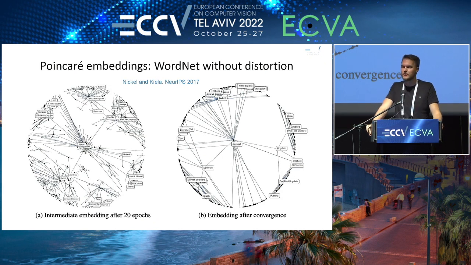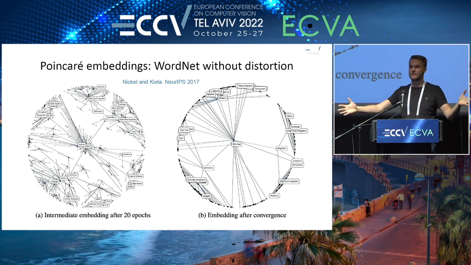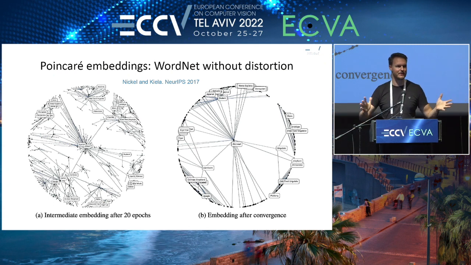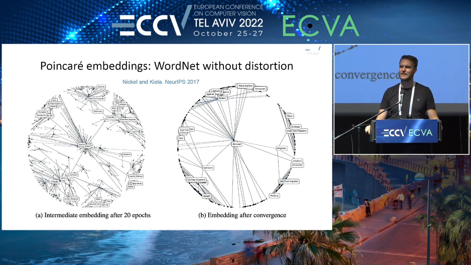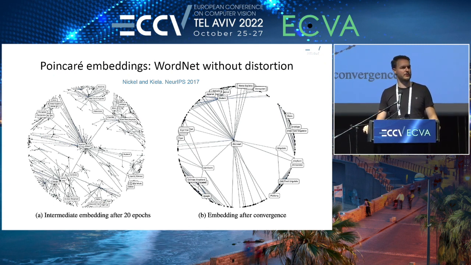The paper is called Poincaré embeddings, and they said, well, we have WordNet, one of the deepest hierarchies we can think of that we've made. And I'm going to just embed it on a plane. Well, if I do it in Euclidean geometry, it doesn't work that well. If I look at distances, they don't really represent the similarity in the WordNet hierarchy.